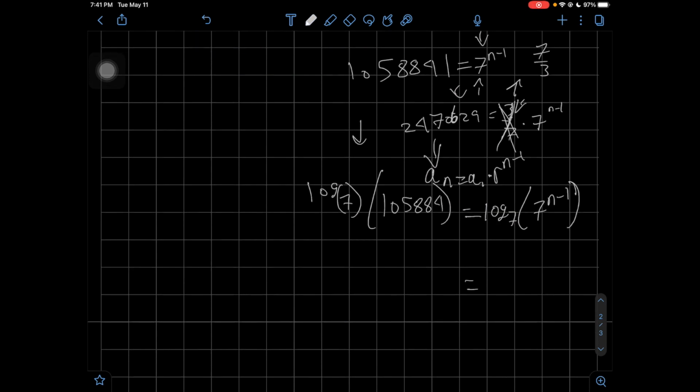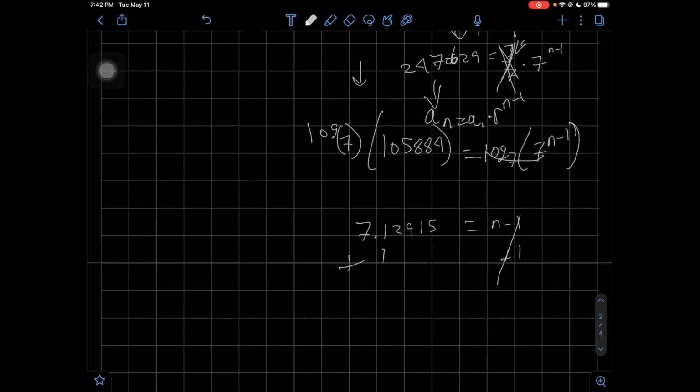So we're left with n minus 1 on our right side, because log base 7 and 7 eliminate each other. And log base 7 of 1058841 is 7.12915. Now all we have to do is add 1 to both sides. So we're left with 8.12915. And that is our answer.